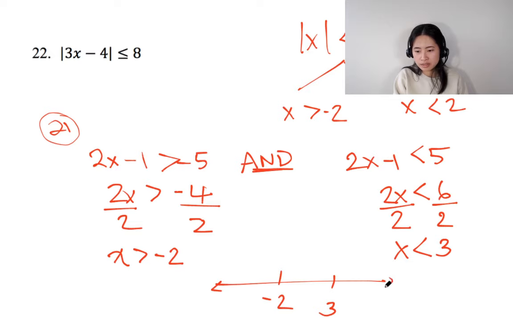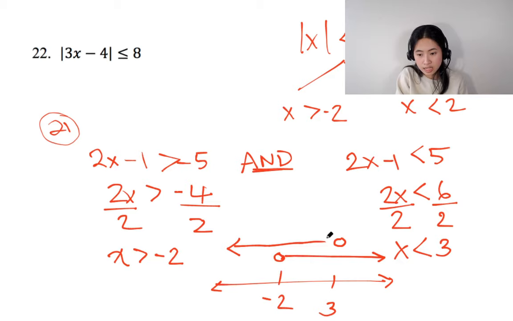Number line, there we go. Okay, so let's start looking at -2 for x greater than -2. So it has to be a hole, and then it's going to be greater than that. So that's going to the right of -2. On the other hand, you have x less than 3, and it's not included, so you're going to go towards the left, because you're saying it's less than 3.